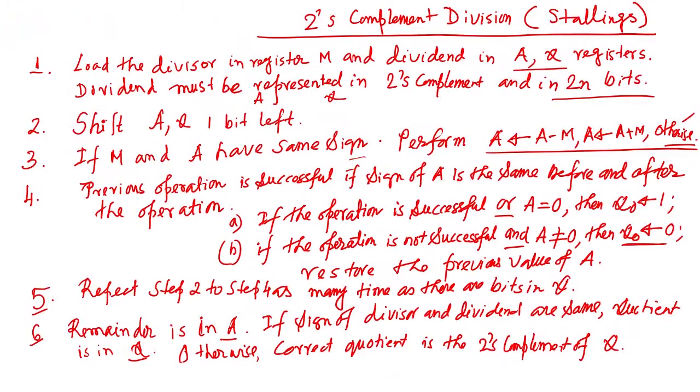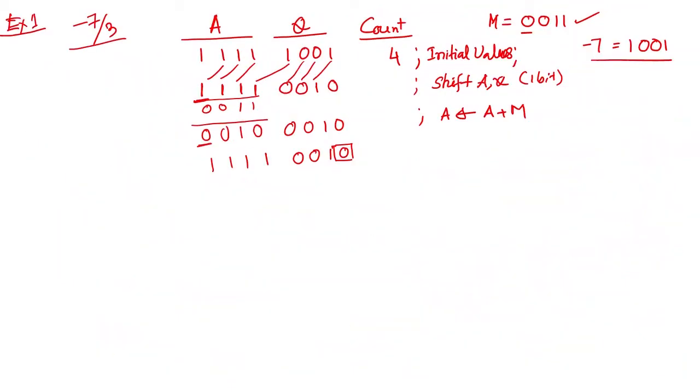And restore the previous value of A. Here the counter will be decremented by 1. So this is what we did: the operation is unsuccessful, and we restored the value of A, Q 0 is 0.